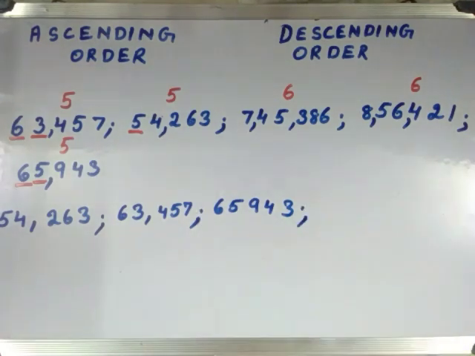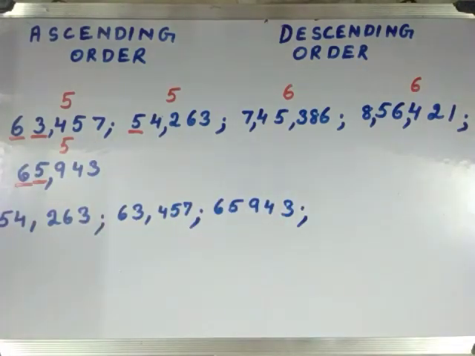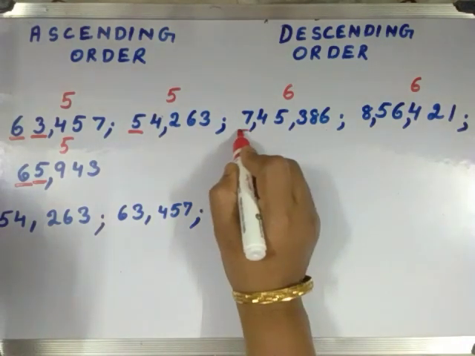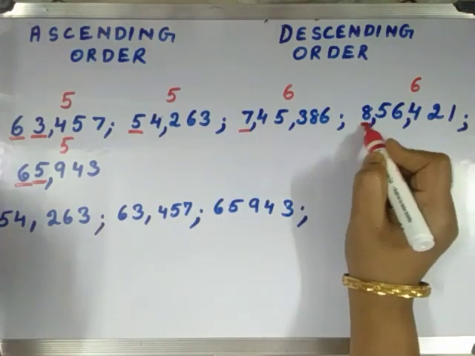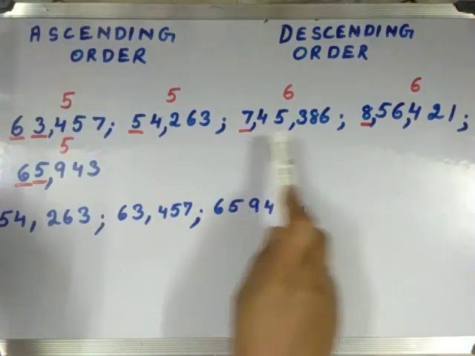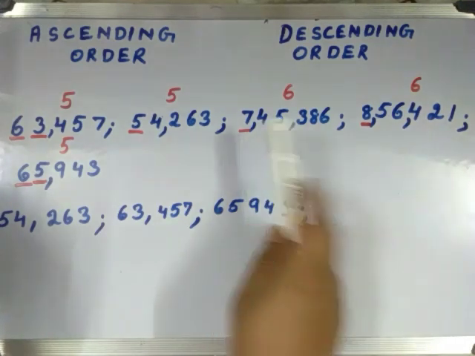Next, we are done with the 5-digit numbers. Now we proceed to the 6-digit numbers. Here we have 2 6-digit numbers. So when the digits are the same, what is the next step? We have to compare the first digit of the number. The first digit here is 7 and the first digit here is 8. So which is smaller? Smaller is 7.